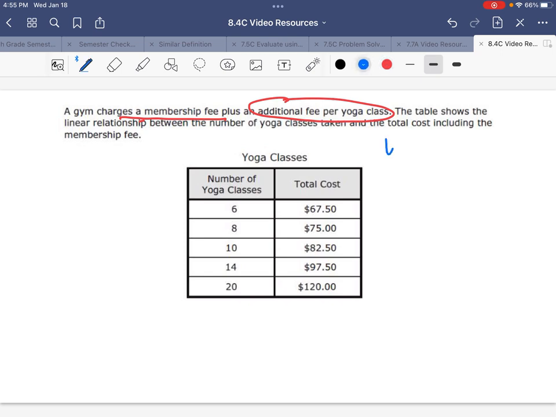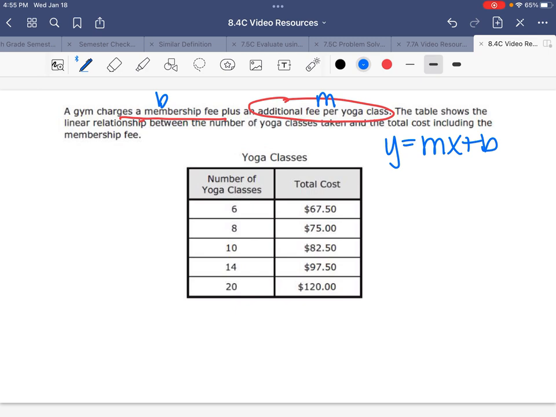So if I think in terms of my linear equation, slope-intercept form, my slope is the multiplicative piece. So between a membership fee and an additional fee per yoga class, the multiplicative part is the cost per class, because it's happening over and over and over. But the membership fee is only happening one time. So that's my initial value, or my y-intercept.